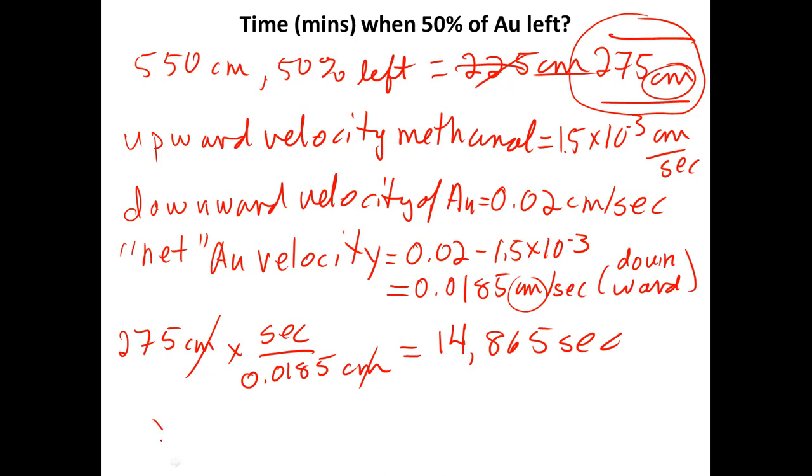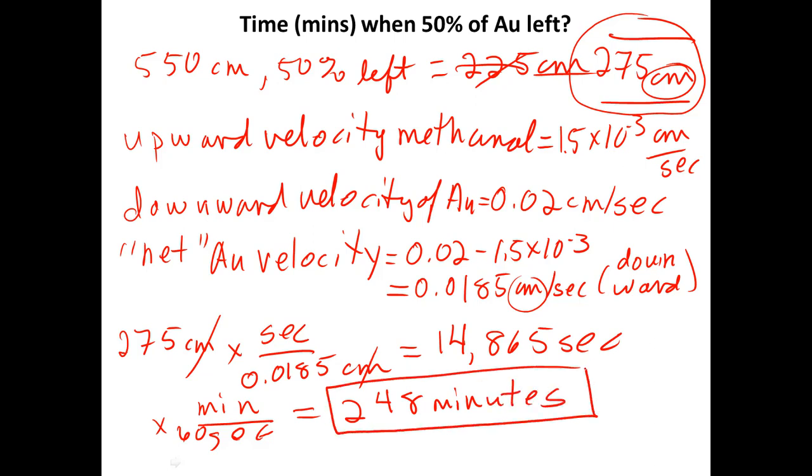I can convert seconds to minutes as requested. I'm going to take that 14,865 seconds, multiply 60 seconds per minute, which gives me a value of 248 minutes for 50% of the gold to leave the system.